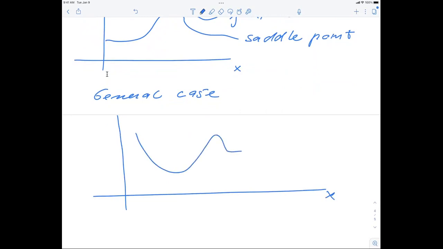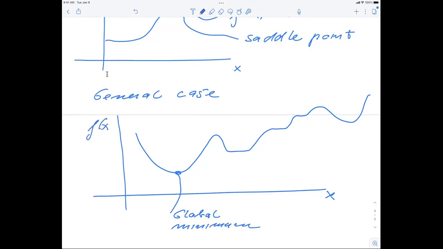And then we can have something like this, and something like this, a plateau, just a complicated type of function. So we could have a point here, which would be our global minimum. And that's the point we normally want to reach. So this is the plot of f(x).